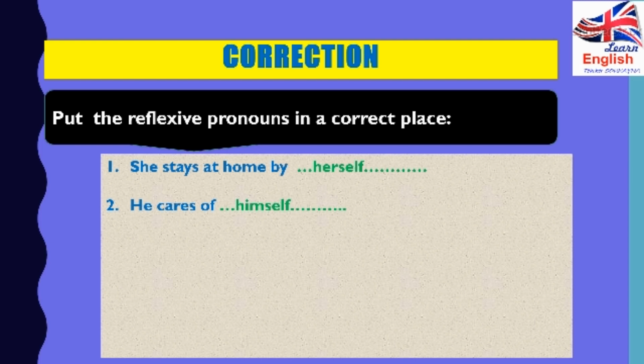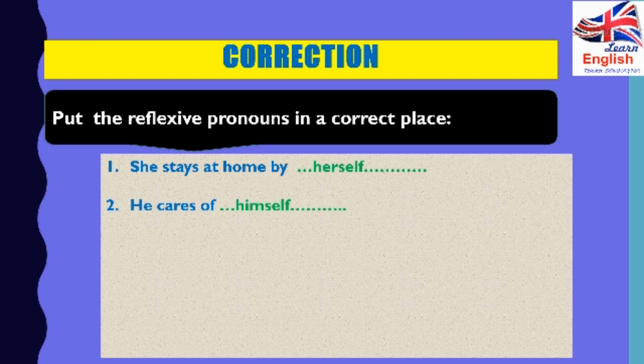In the second sentence, we have he cares of himself. He, himself. Immediately. He cares of who? Himself. We cannot say he cares of themselves. We can't say he cares of her.